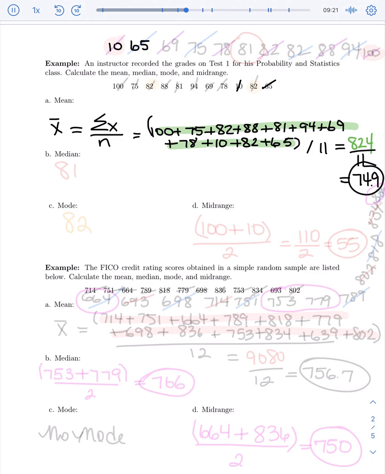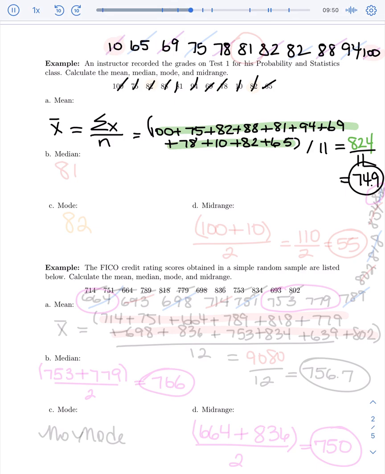Next, 69 and 75, 78, 81, 82. Oh, there's another 82, then 88, 94, and 100.